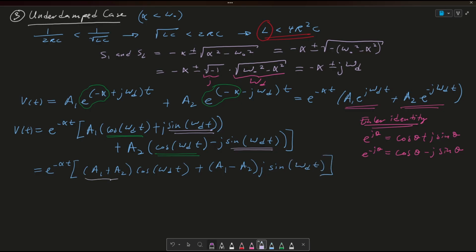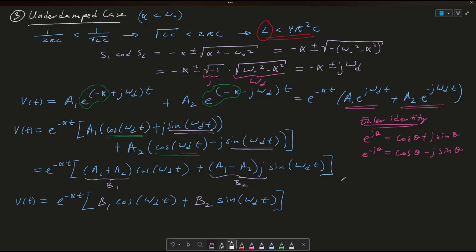If I go ahead and say a1 plus a2 is just a constant, let me call it b1, and a1 minus a2 times j is this constant b2, my final solution for v of t for this underdamped case is e to the minus alpha t times b1, which is again just a constant, cosine omega d t plus this b2, again just a complex constant in this case, times sine omega d t.